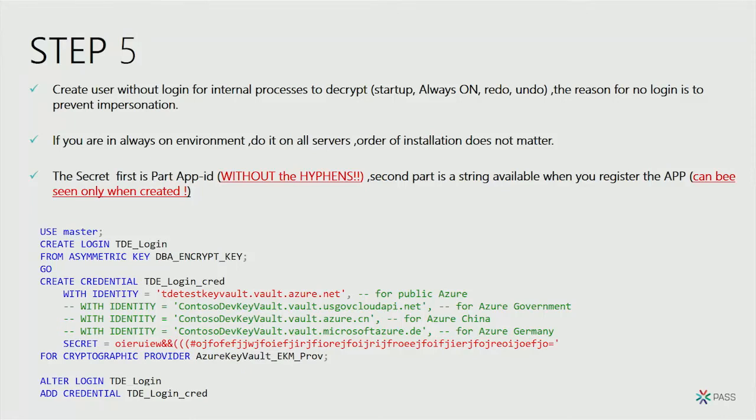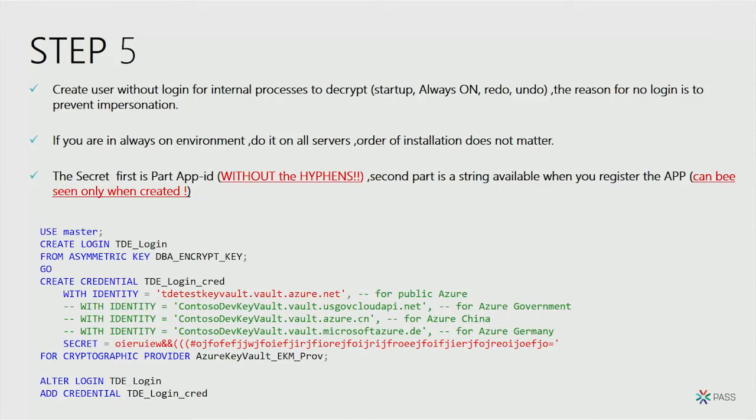Okay, so in order for the SQL Server process, when it starts and you have a TDE database, what does it have to do? It has to go to Azure Key Vault, retrieve the private key, put it in memory, and start decrypting the data. So it has to have a mechanism that you as sysadmin cannot use.